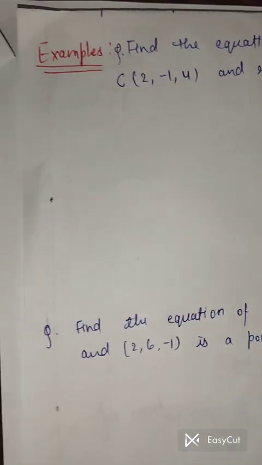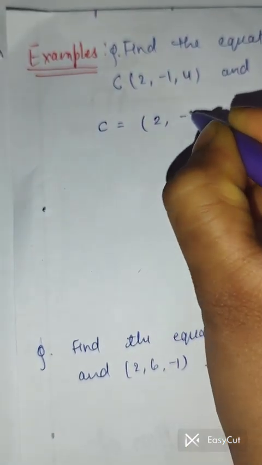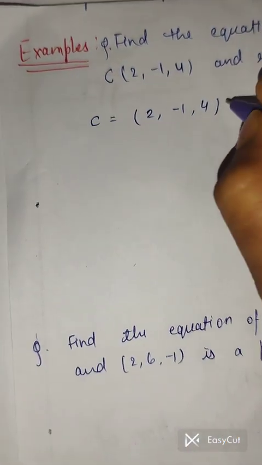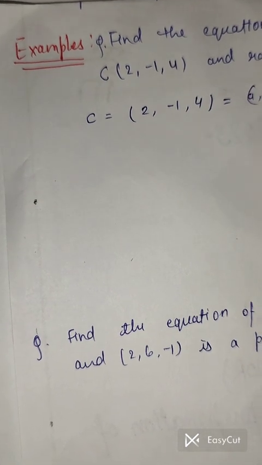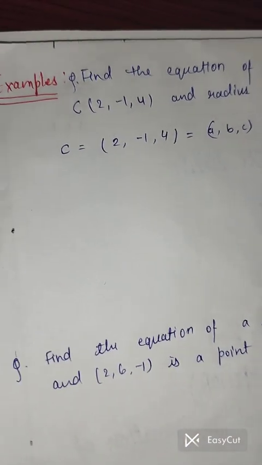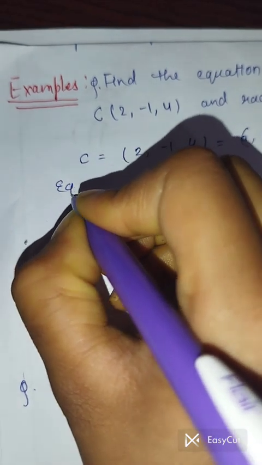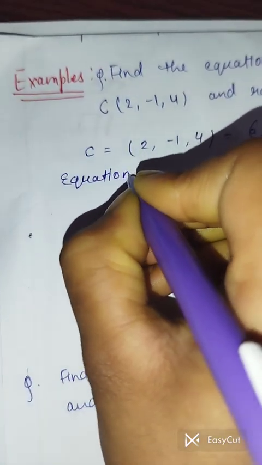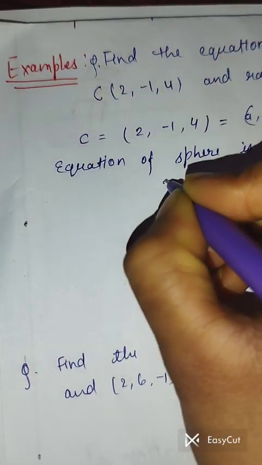So we have C is equal to this, and these are basically the values of a, b, c and r as 3.